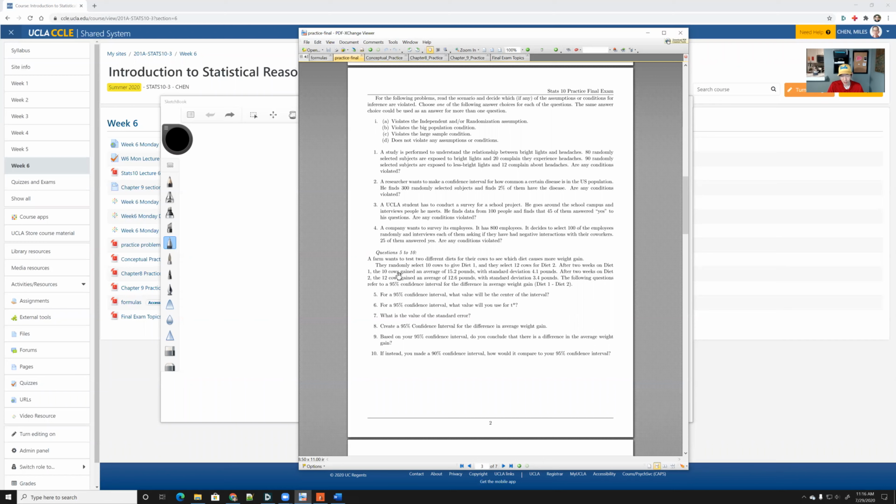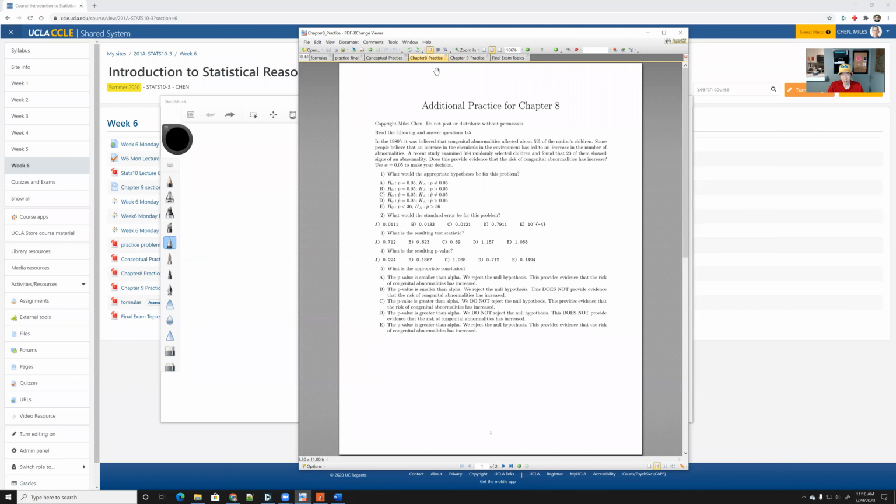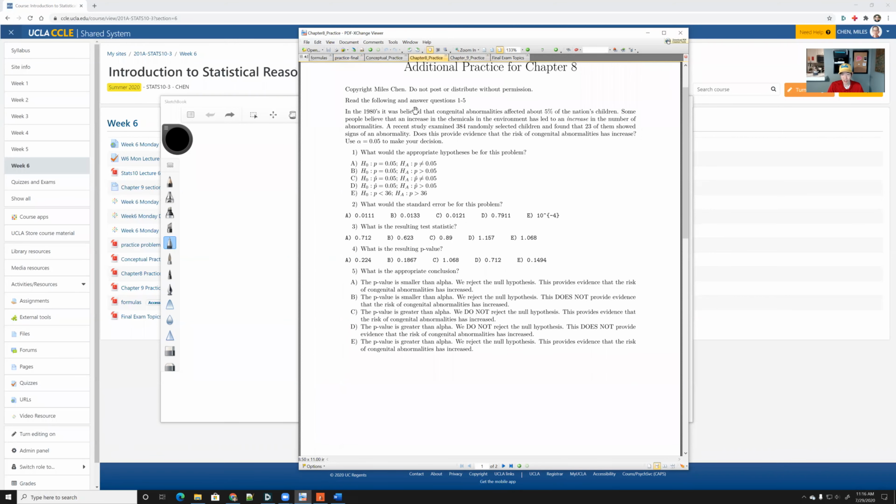You'll see in the practice final exam, the chapter 9 and the chapter 8 practice, I give some kind of scenario with a little bit of data, and that paragraph will usually end with, does this provide evidence of something? And then I'll have questions related to it.